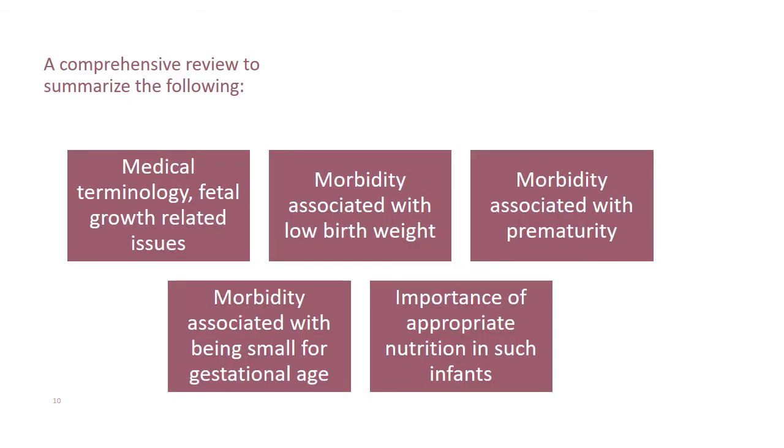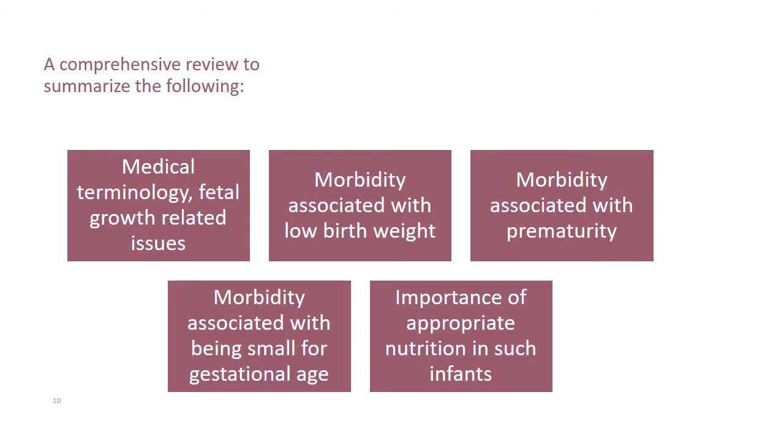According to the authors, and also just a paraphrasing, the article's purpose was to provide a comprehensive review to summarize the following points: the medical terminology and fetal growth-related issues surrounding special healthcare needs individuals, morbidity associated with low birth weight, morbidity associated with prematurity, morbidity associated with being small for gestational age, and the importance of appropriate nutrition in such infants.